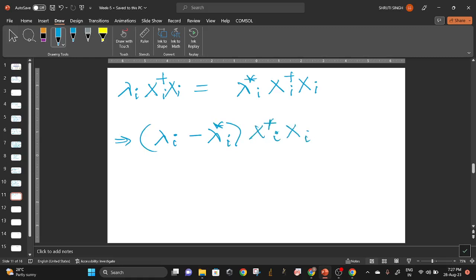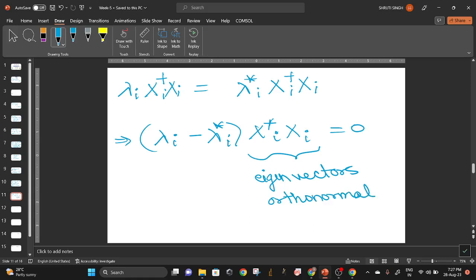Xi dagger xi equals 0. Since xi star, this part won't be equal to 0. Why? Because these are eigenvectors and they are orthonormal.